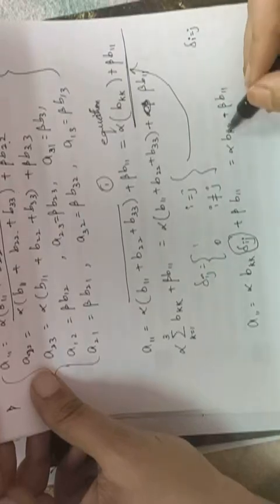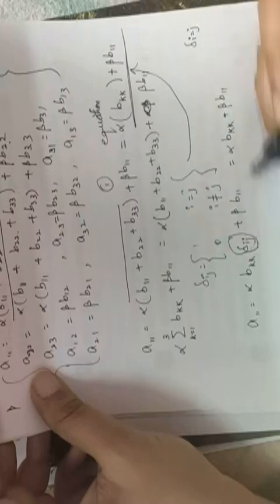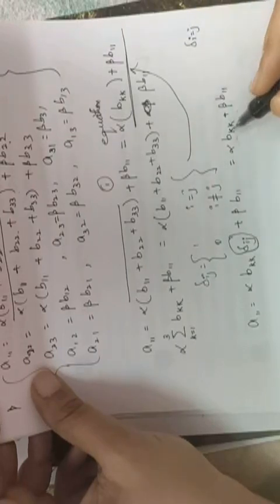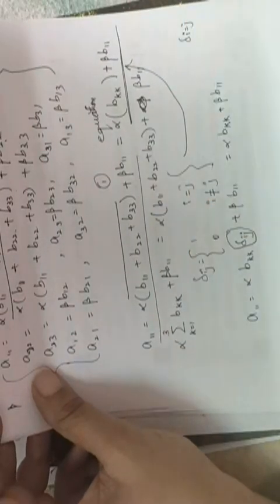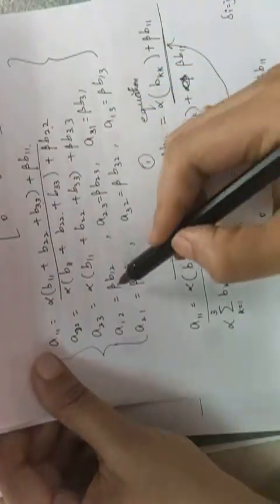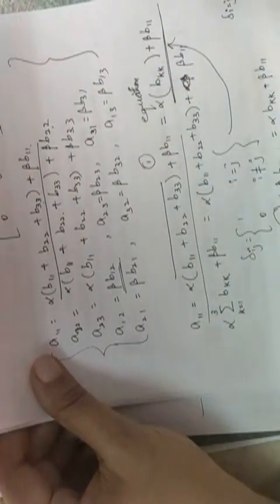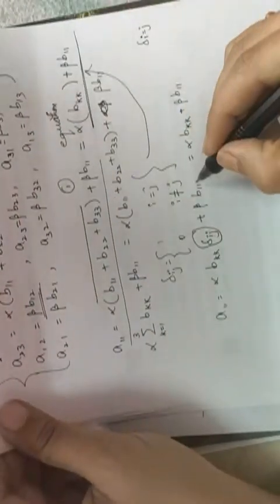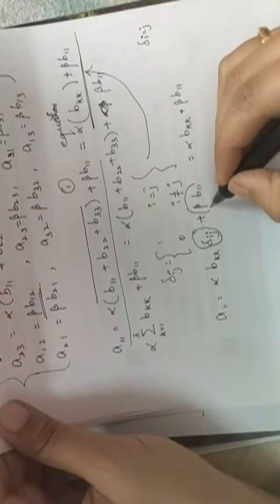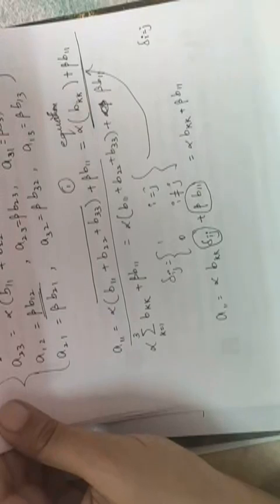If i is not equal to j, we will get this as 0, right? So if i is equal to j, you will get this expression. If i is not equal to j, you will get this expression. You can observe that, right? For that, I should express this also in suffix notation.